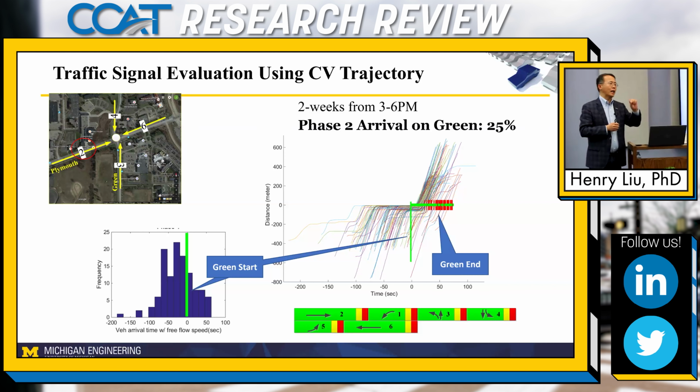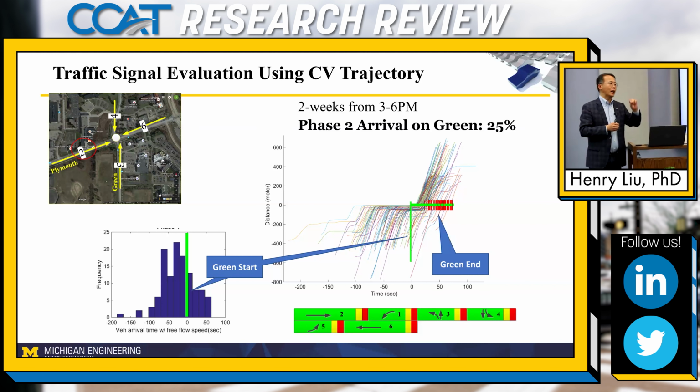And if you use GM's OnStar, you essentially have trajectories available. So it doesn't have to be location specific, and the agencies don't have to maintain these detectors or infrastructure whatsoever, because the data doesn't really come from them.